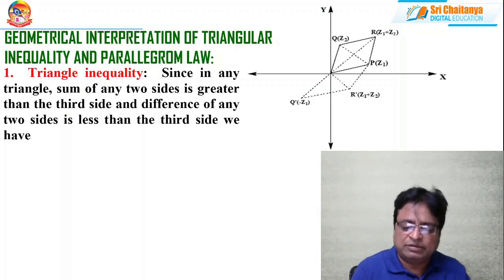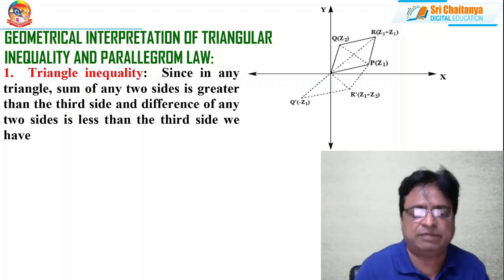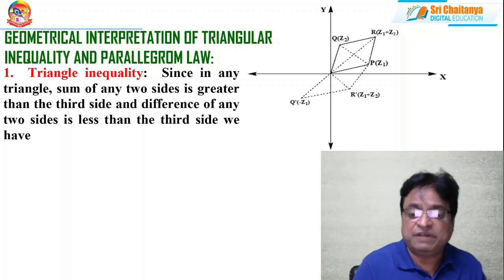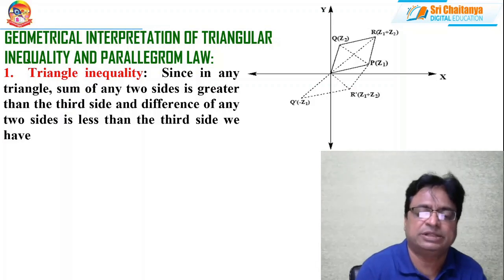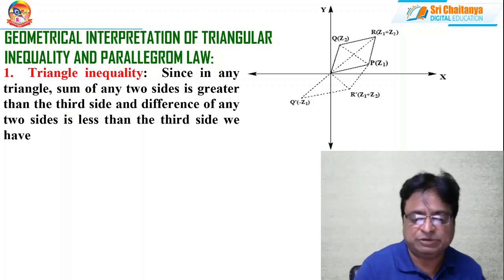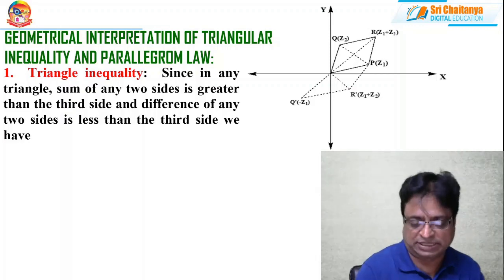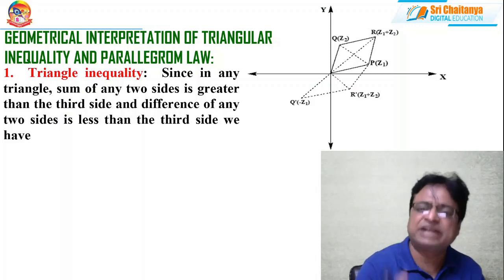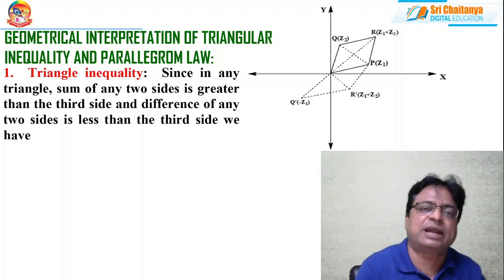Then only the triangle will form. If three numbers are given randomly and you are asked whether a triangle will form, you add any two sides. If it is greater than the third side, then only a triangle is formed. Otherwise, with those numbers, a triangle can never be formed.